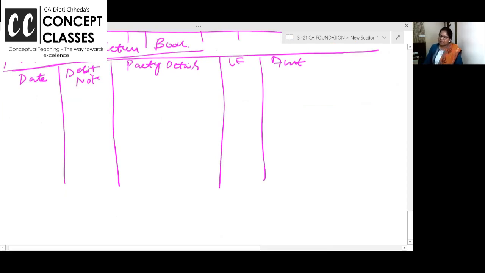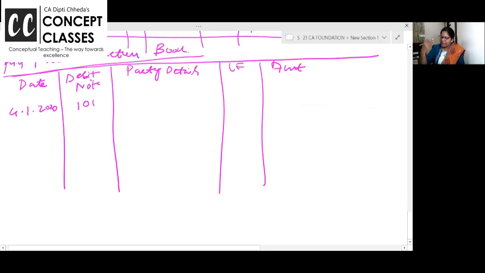Chalo, let us start. On 4th of January 2020, returned the goods to Raj Mills. So Raj account debit to purchase return. So in the purchase return book we write the opposite name, no? In Raj's account, to purchase return.